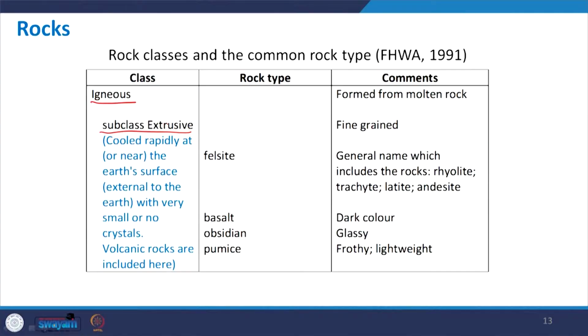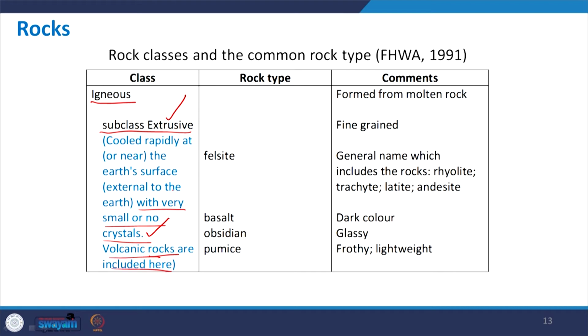So that is what we are calling it extrusive, and therefore it will have very small or almost no crystals. Please keep that in mind, that this subclass extrusive will have very small or no crystals. These volcanic rocks are included in this category.